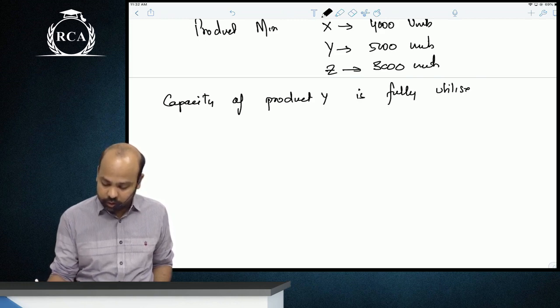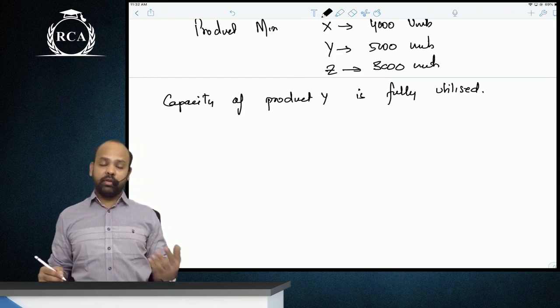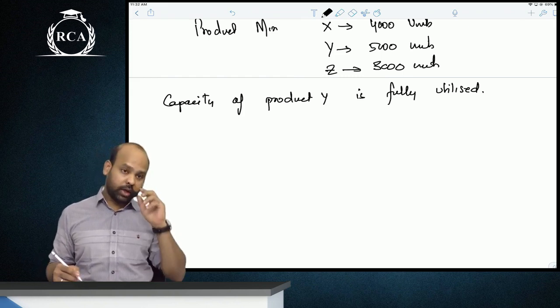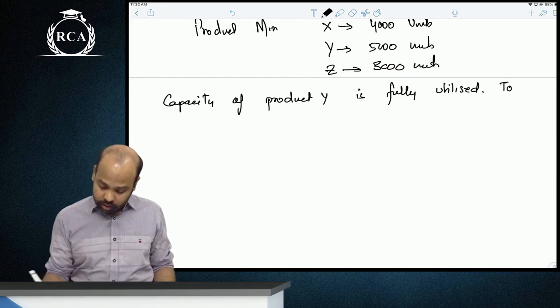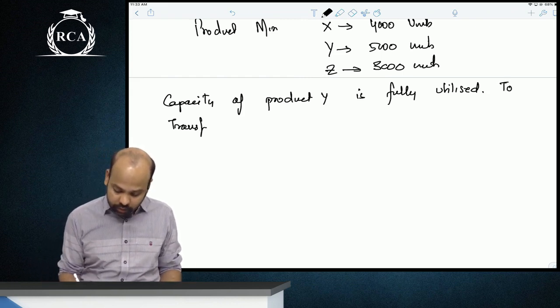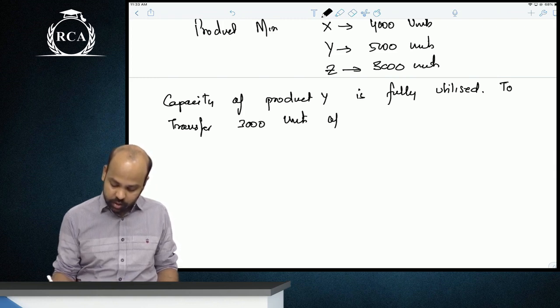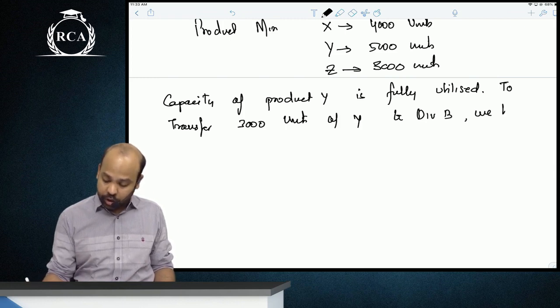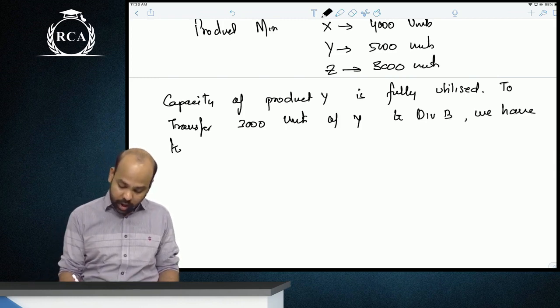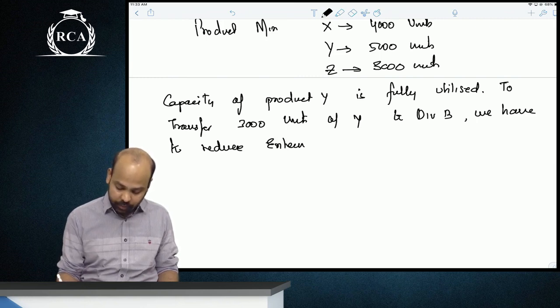When we say fully utilized, it basically means that there is no spare capacity. Now to transfer 3000 units of product Y to division B, we have to reduce external sales of product Y only. We have to reduce external sales of product Y.